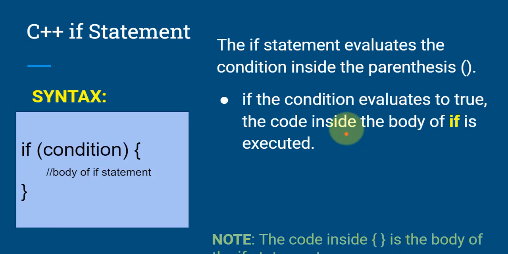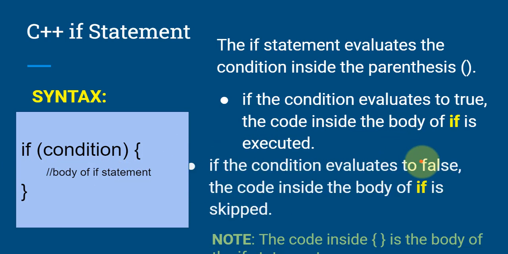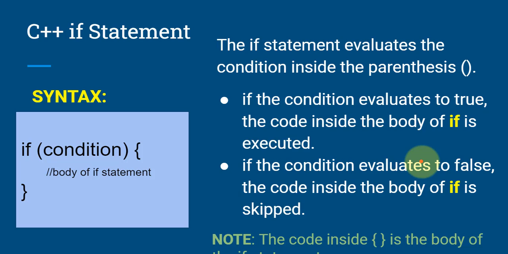If the condition evaluates to true, the code inside the body of the if is executed. Meaning if this condition has been met, then this code, whatever you have encoded here, will be executed. If the condition evaluates to false, the code inside the body of the if will be skipped, meaning the program will not read this part, but instead will move on to the next line of code. That's how the if statement works.